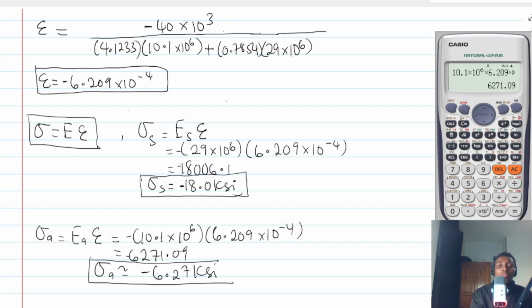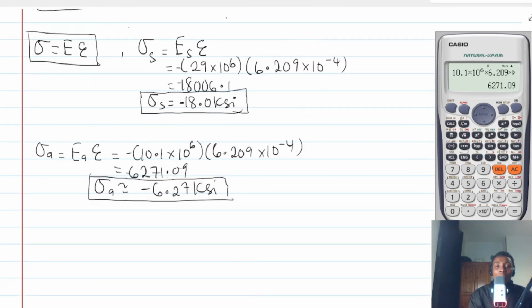All right, so this is it for the normal stress in the aluminium.